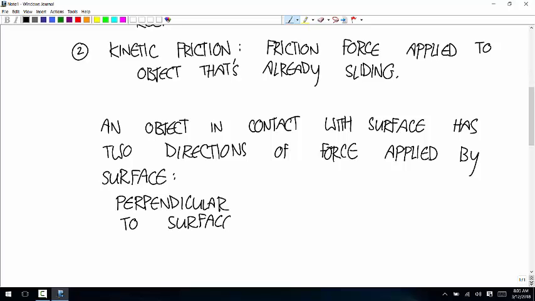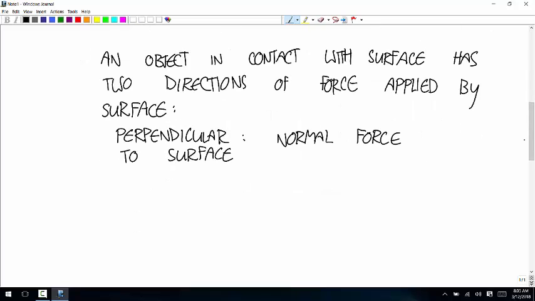That's the one that we've already talked about. That's the normal force. And then the surface can also apply a force parallel to the surface. And that's the friction force.